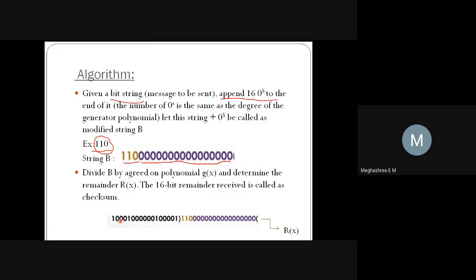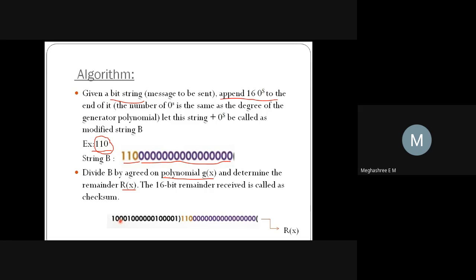Next, divide this new data, after appending 16 zeros, that is string b, by the agreed-upon polynomial g of x and determine the remainder r of x. That means you have to divide this dividend by the divisor.